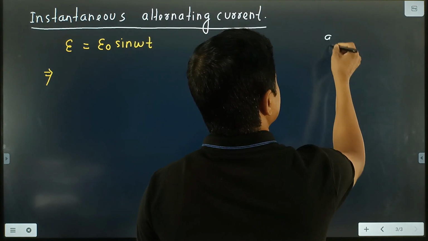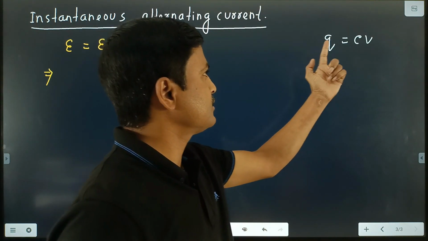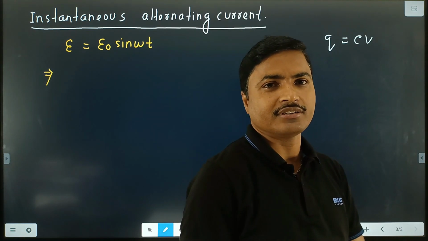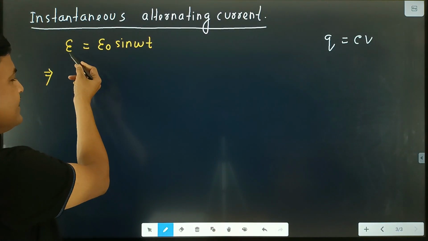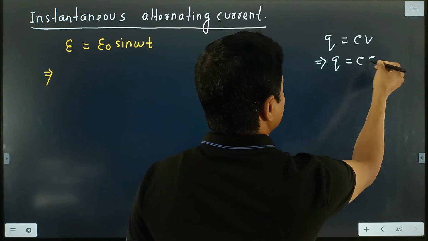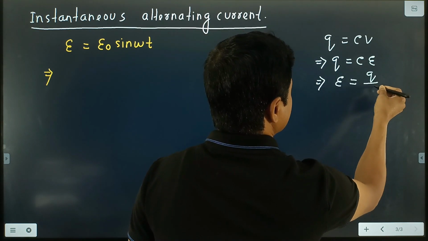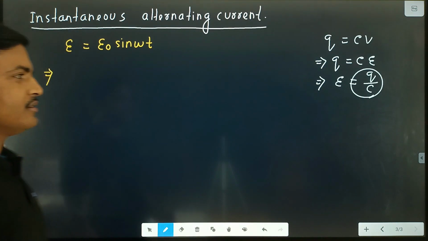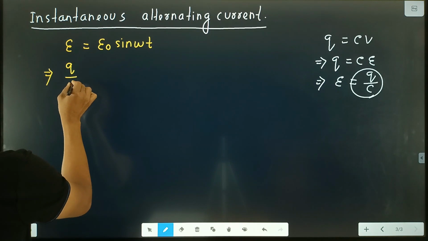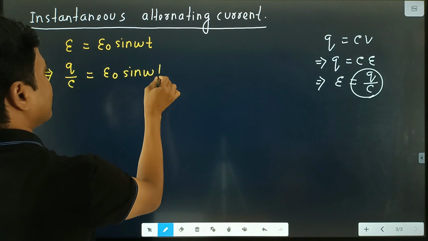You know Q is equal to C multiplied by V. Q is the charge, C is the capacity or capacitance, V is the potential difference, and here in place of V, E is there, so we write Q is equal to C multiplied by E. That implies E is equal to Q by C, so in place of E here we write Q by C, that is Q divided by C is equal to E0 sin omega t.